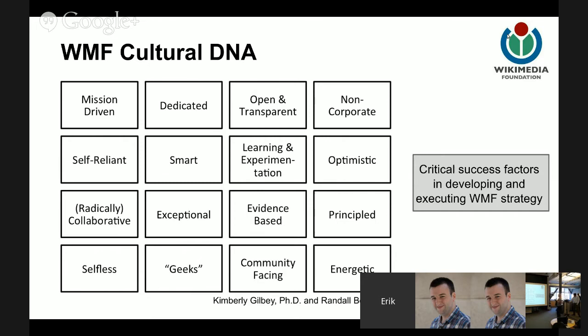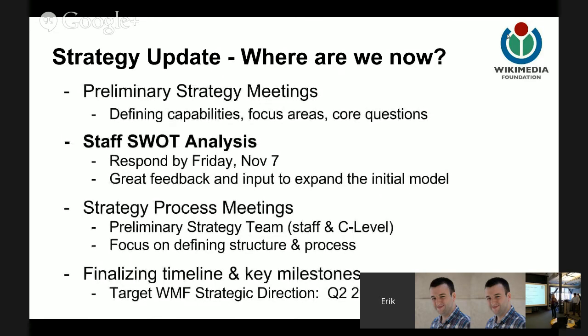So as we go to the next slide, where are we now? Some of this you might know, but I'm just going to give us an update so we're all at the same place. A few months ago, there were some preliminary strategy meetings that were called. Typically, it looks like about a monthly schedule of meetings that involved a variety of groups.